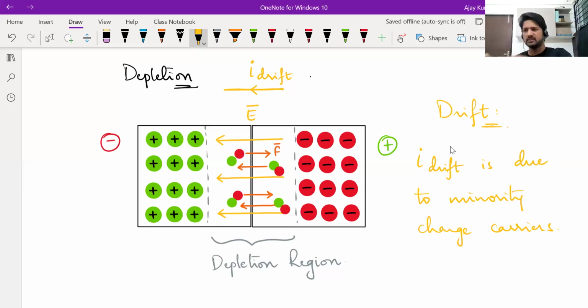So electrons are minority, and they will participate in drift. Same with respect to movement of holes from n to p. n is called n because negatively charged electrons are dominating. Hole concentration is very less on the n side. Holes are a minority on the n side. They will go from n to p due to drift. So drift current is due to minority charge carriers.